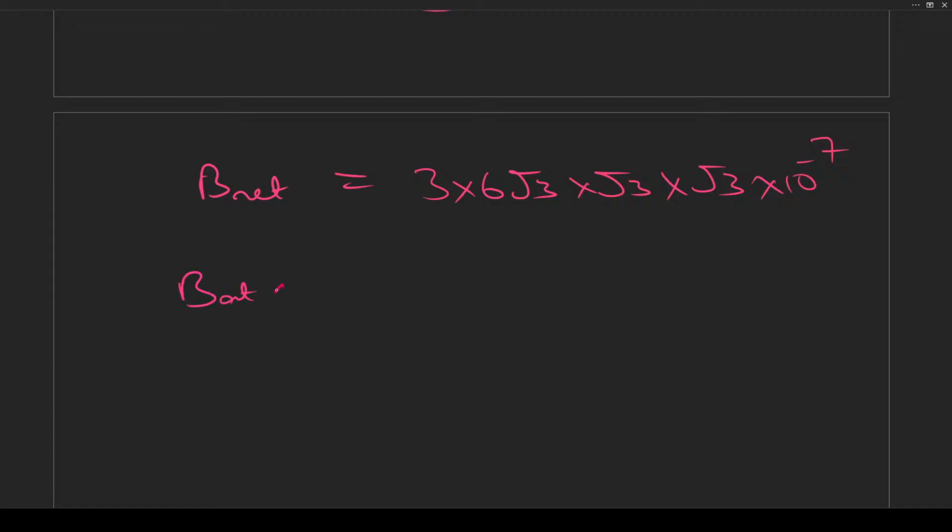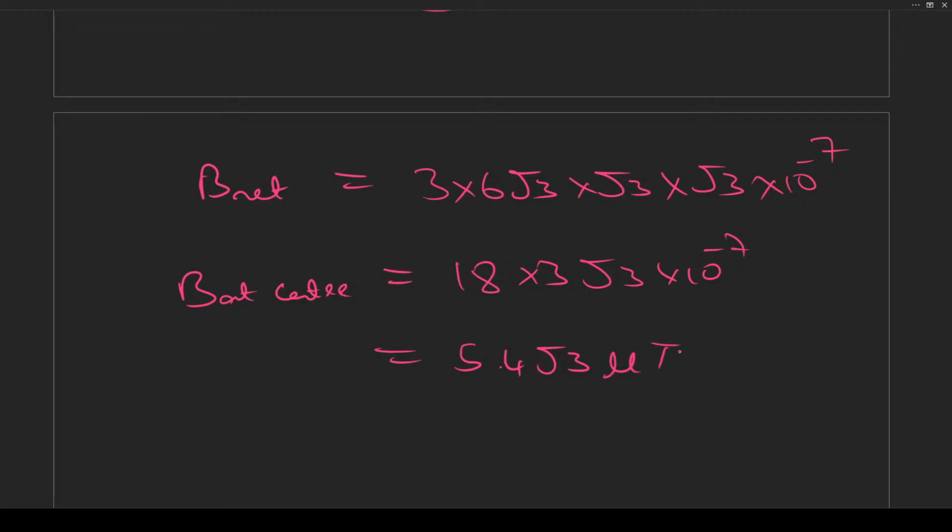B at center is equals to 6 3s are 18 times 3 root 3 into 10 power minus 7, which is 5.4 root 3 micro Tesla. Which is the final answer.